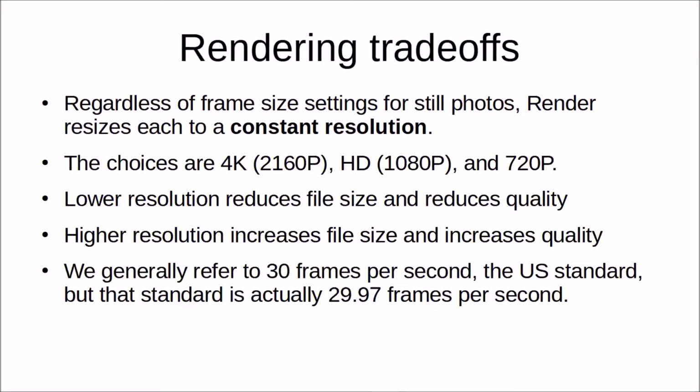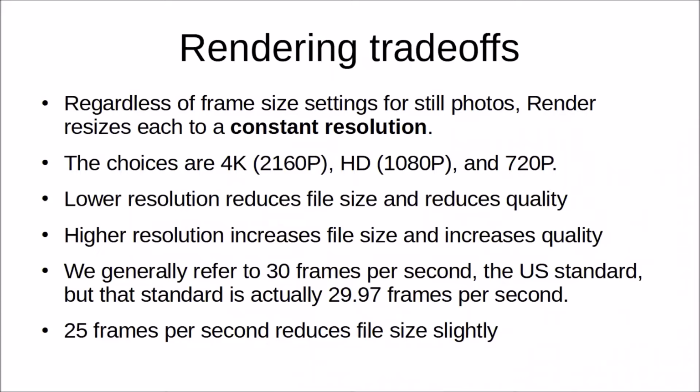I mentioned earlier that the US standard is generally described to the public as 30 frames per second, but if you really want to impress somebody, you can tell them it's actually 29.97 frames per second. And that's about the only reason you need to know that. And I mentioned the 25 frames per second used by Zoom. That does reduce the file size slightly.